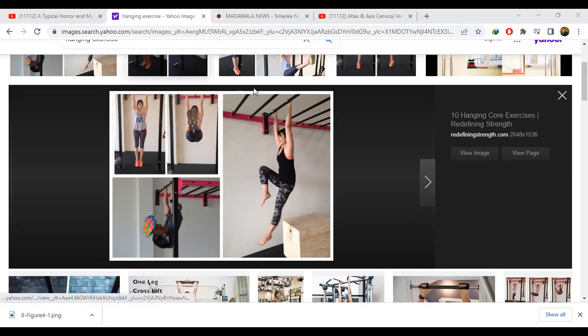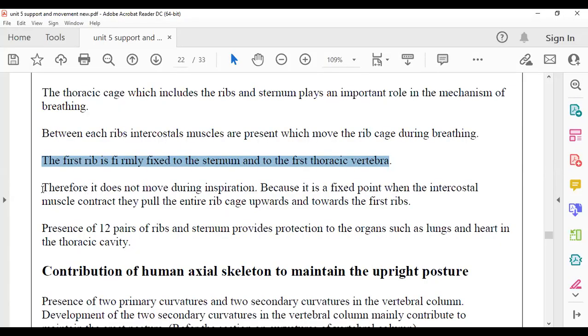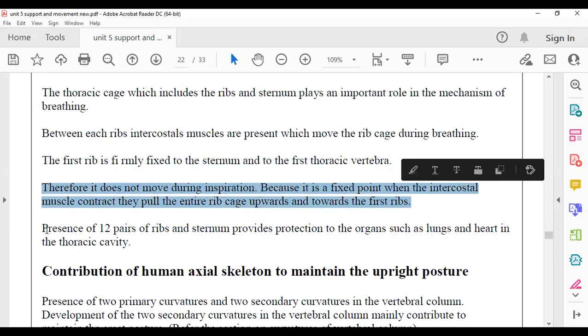Clear, sir. So this kind of movement is noticed in this place. Are you clear? Clear, sir. Holding the first pair of ribs, other ribs are moving upward towards the first rib when the muscles are contracting.